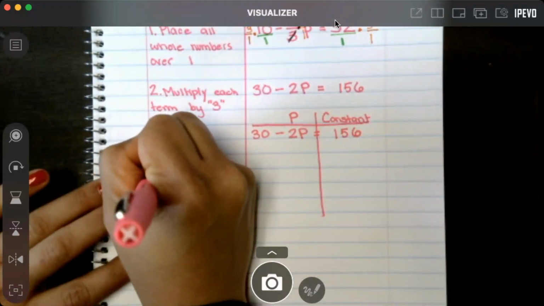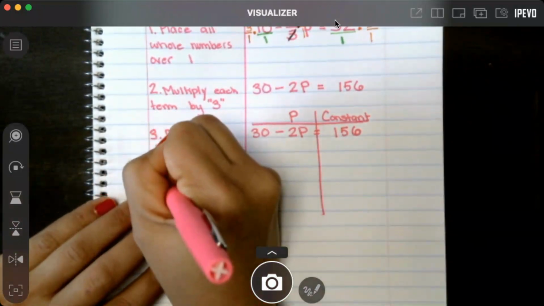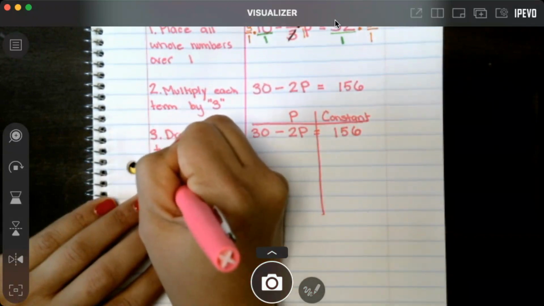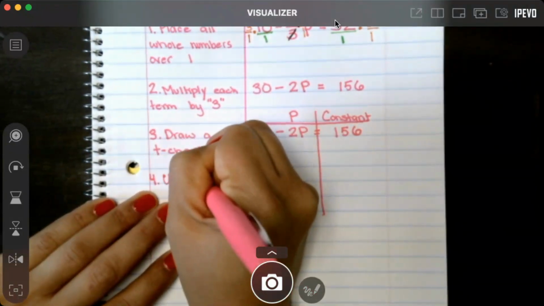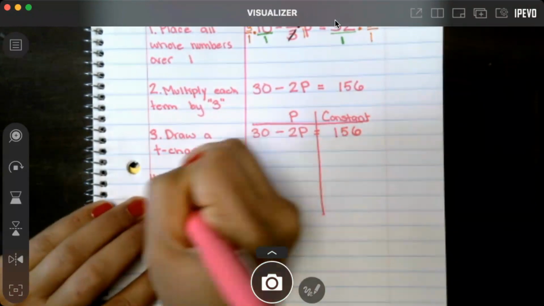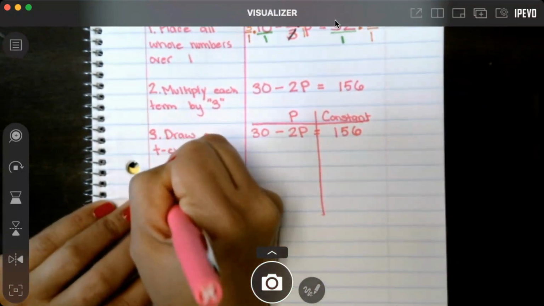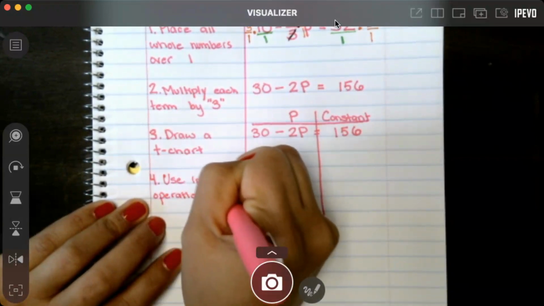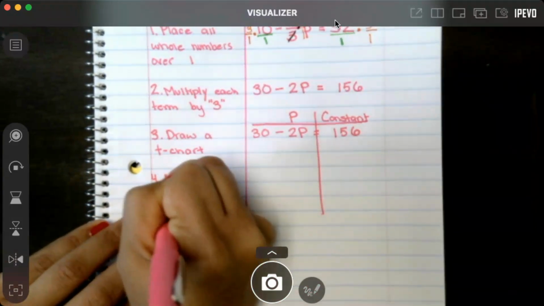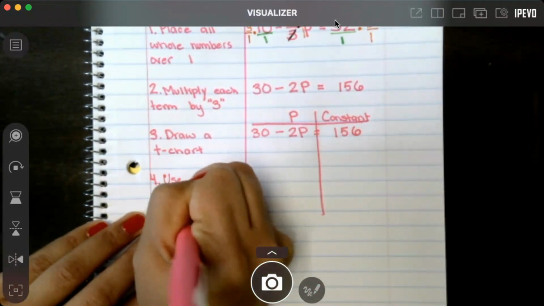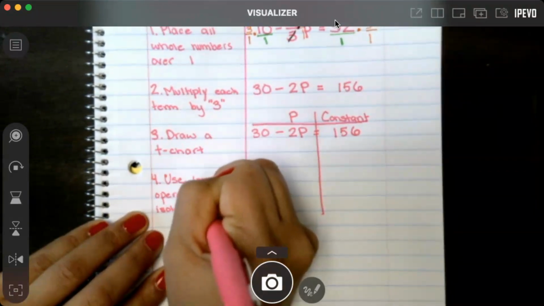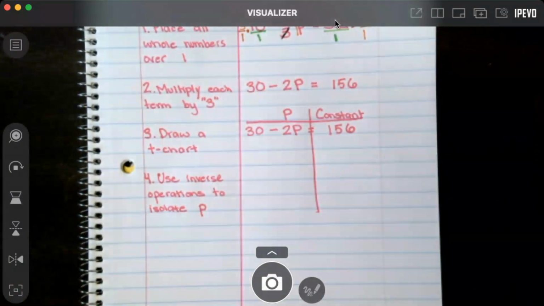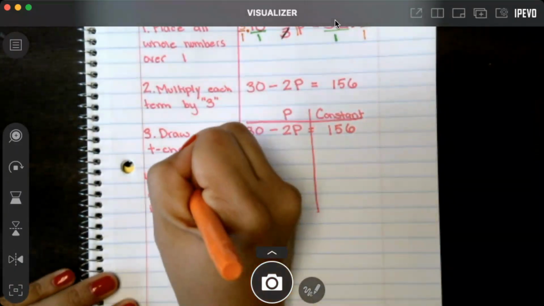This is where we use our inverse operations to isolate p. Now, inverse operations. Let's take a second and talk about that.